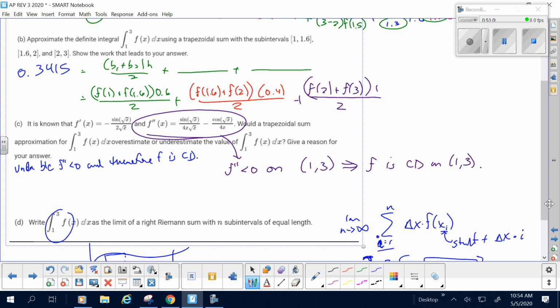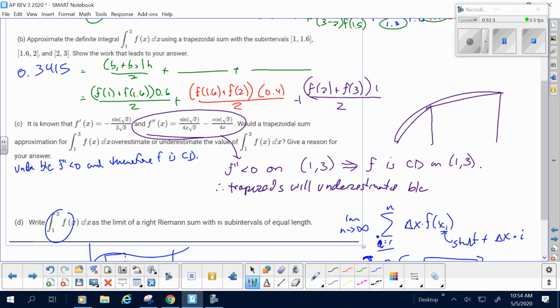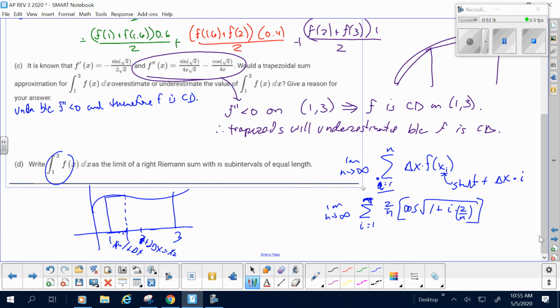Then I used a well-known fact with a picture: if f is concave down, then trapezoids will definitely underestimate the true area. So I said trapezoids will underestimate because the curve is concave down. Okay, and then the last one I kind of explained already, so I think we're good. Hopefully that went well. I will talk to you tomorrow, people.